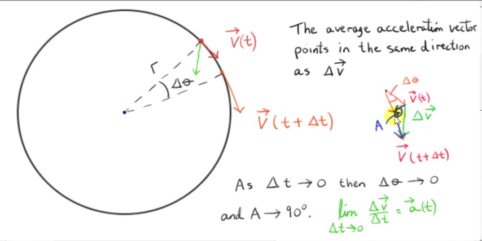Let's consider this angle A that is in here. Now, we saw in the previous video for the case of uniform circular motion that this angle here, the angle between the initial velocity vector v of t and the change in the velocity, well, this would have been the change in velocity for uniform motion, this angle approaches 90 degrees.